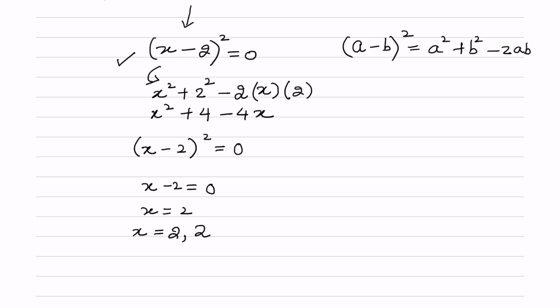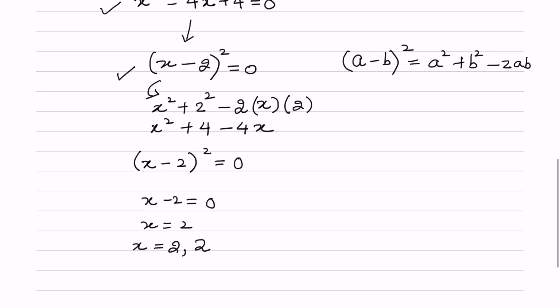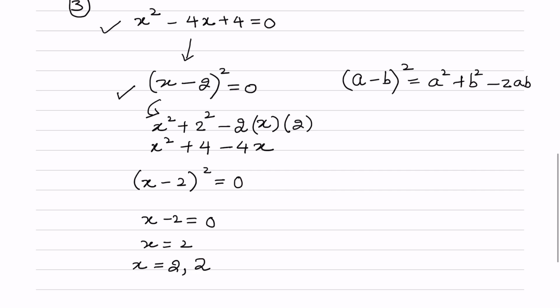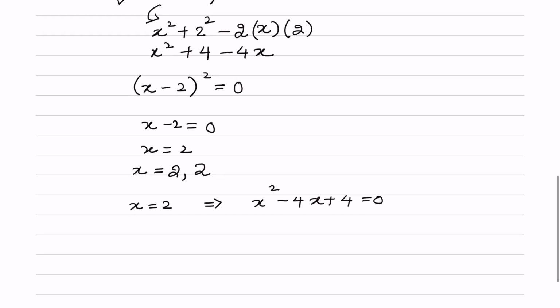And now let's say if we want to verify if 2 is the root of this equation, so let's take x equal to 2 and plug it in the equation x square minus 4x plus 4 equal to 0. When we do that, in the place of x we put 2.